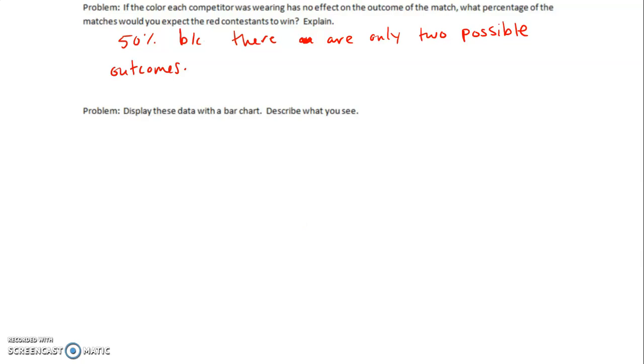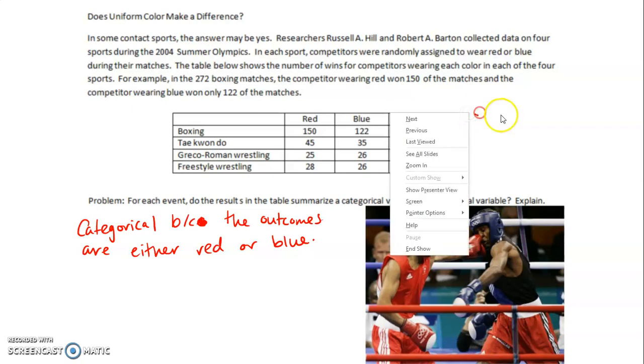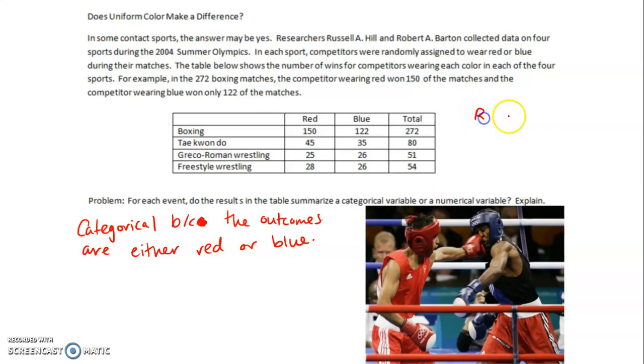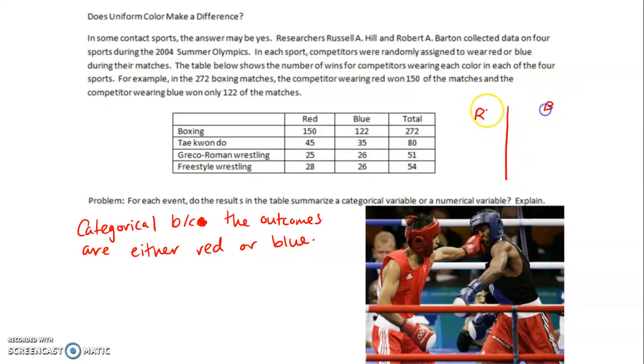And whenever we're doing a bar chart, we need to first get our data in percentages, okay? So if I go back to this, they didn't give us percentages of these. They just told us the number of wins that each of the colors got, and then the total. But we can use this data to find the percentages, okay? So what I'm going to do is I'm kind of just going to extend this graph over here, okay?